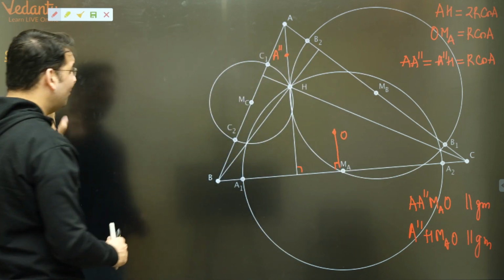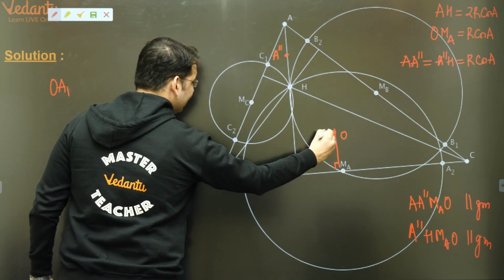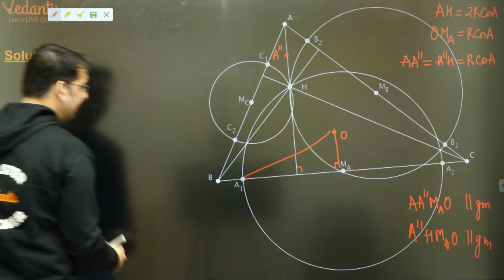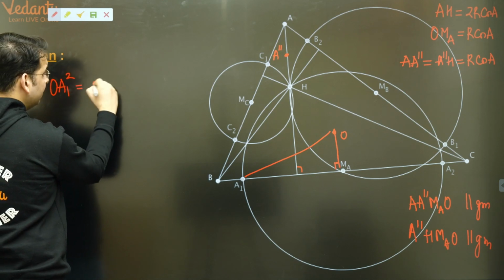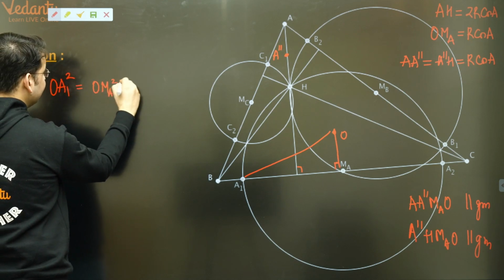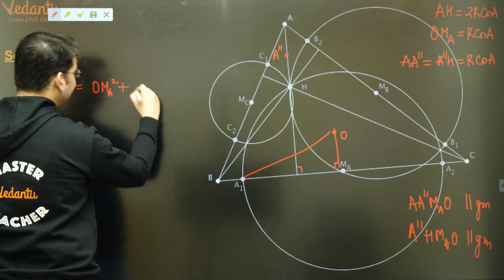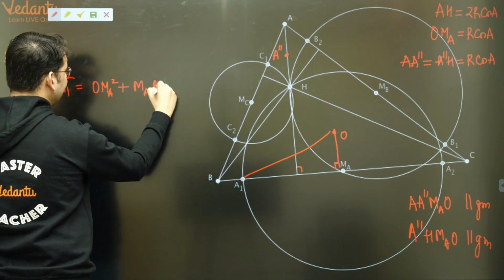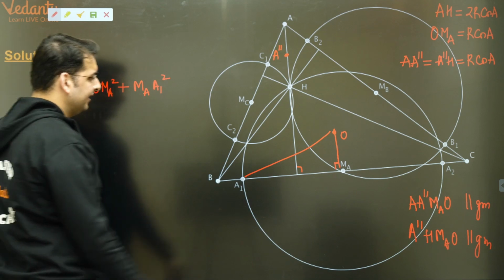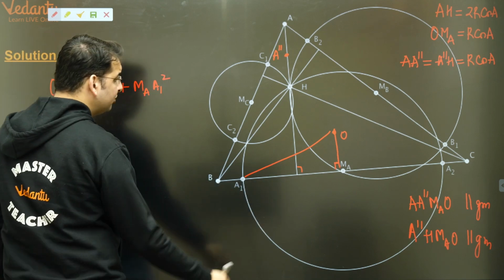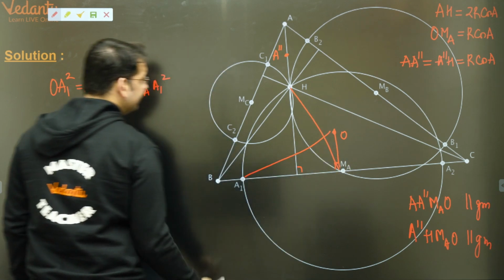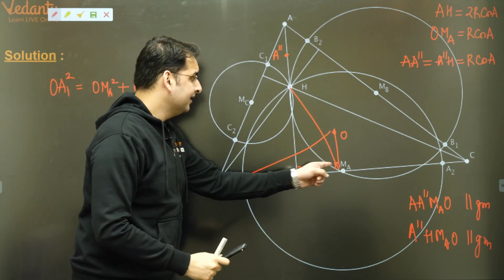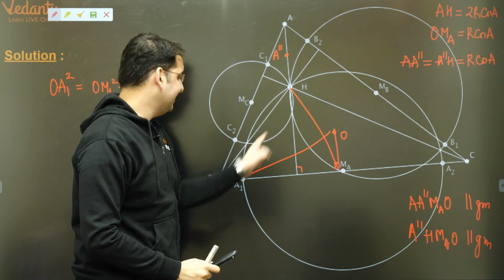That is it. So OA1 square, we'll be using the Pythagoras. So OA1 square is equal to OMA square plus MA A1 square, and we know that MA A1 is same as MAH, because MA is the center of the circle which contains H and A1.